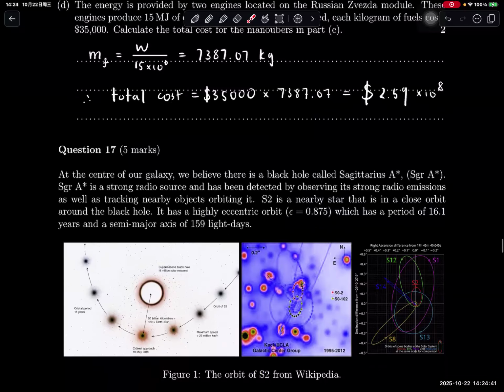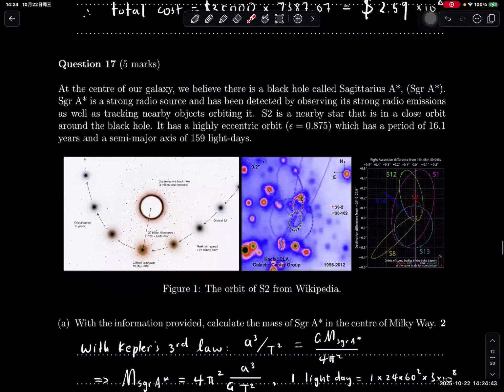Question 17. This question is very interesting because it looks at one of the experimental pieces of evidence that suggests inside our galaxy, the center of the Milky Way, there exists a supergiant black hole. It's called Sagittarius A star, because it's the central object. We don't see black holes because they don't emit light like the sun or any stars. They are pretty much just black, and despite having an accretion disk, it's very dim.